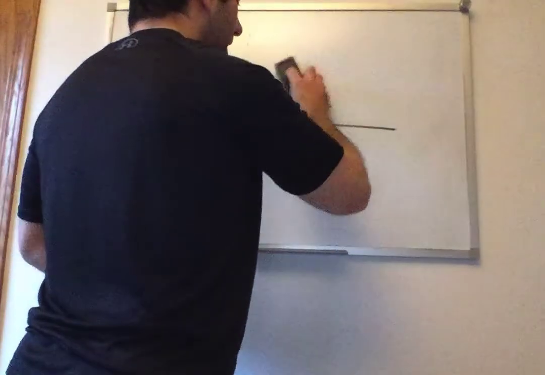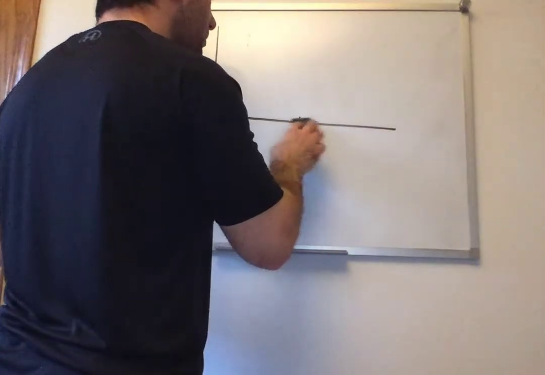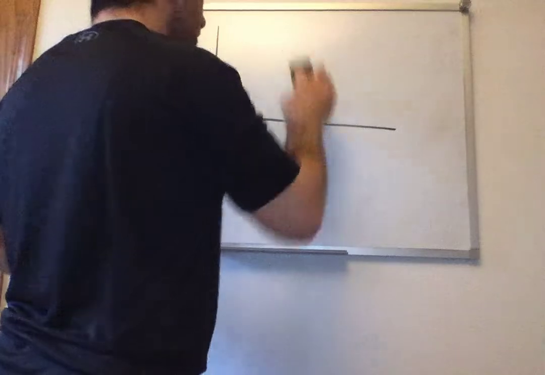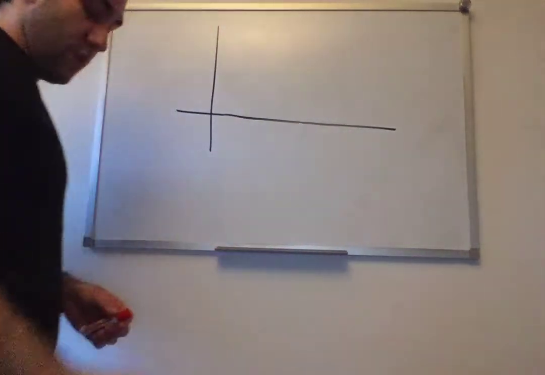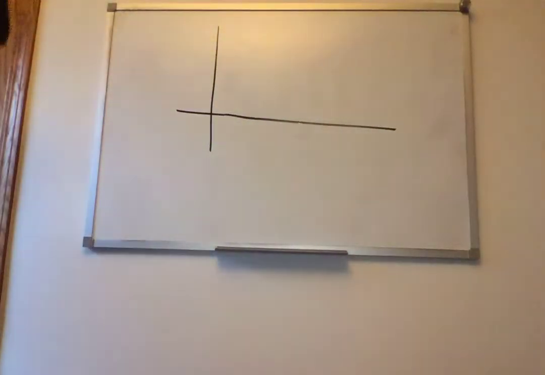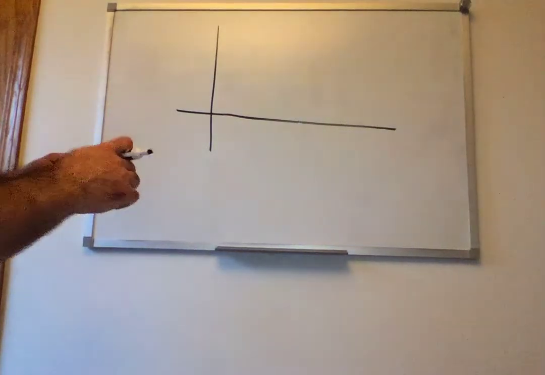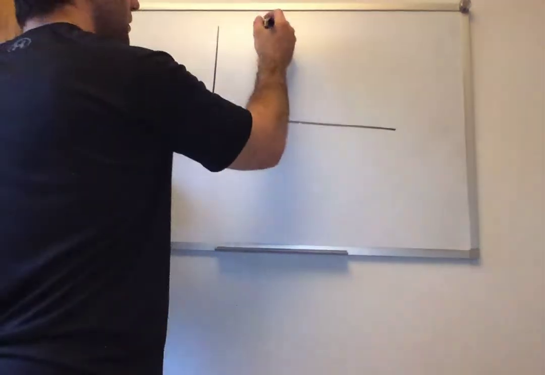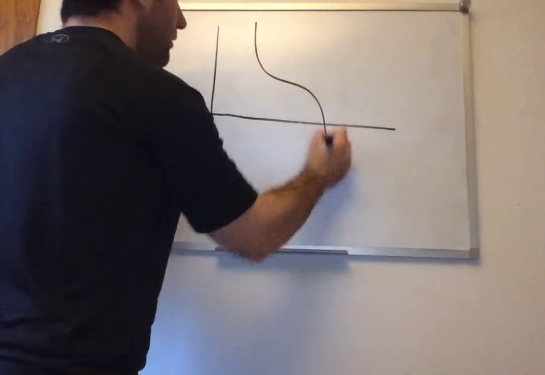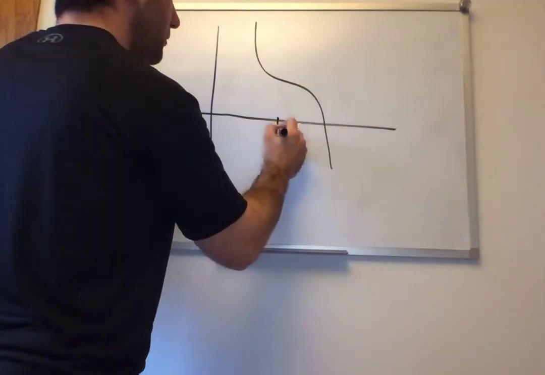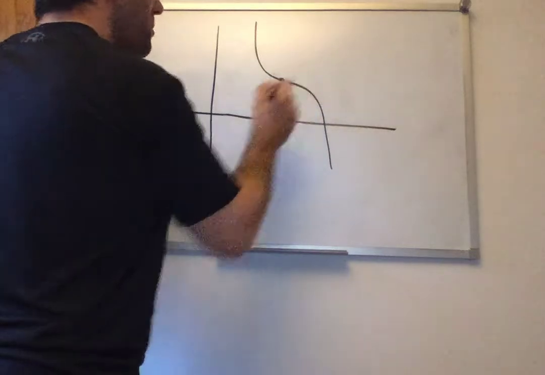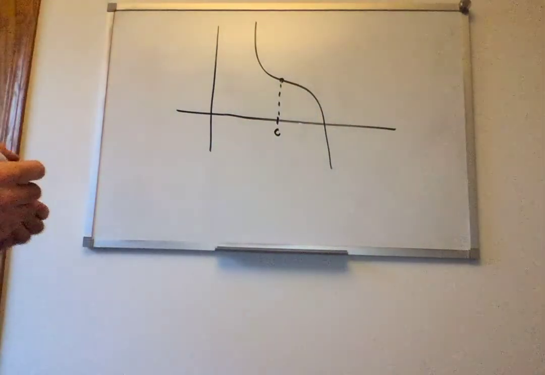Now there are 2 more cases. Remember, critical numbers are where the derivative is equal to 0, or where it doesn't exist. Let's look at, remember the cubic functions that we talked about?